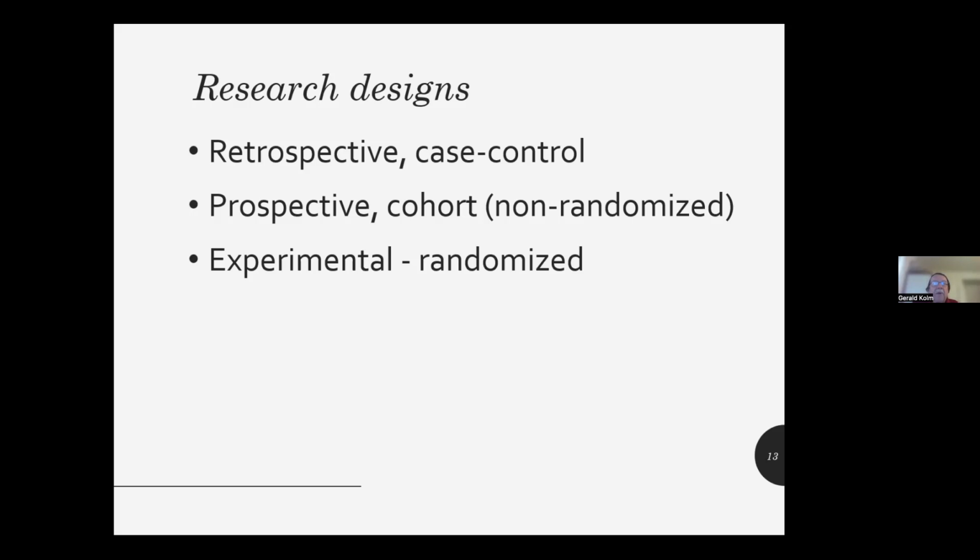Then the second one is a prospective or cohort study, where it's non-randomized. An example would be, say we're going to look at patients that have a certain type of cancer.